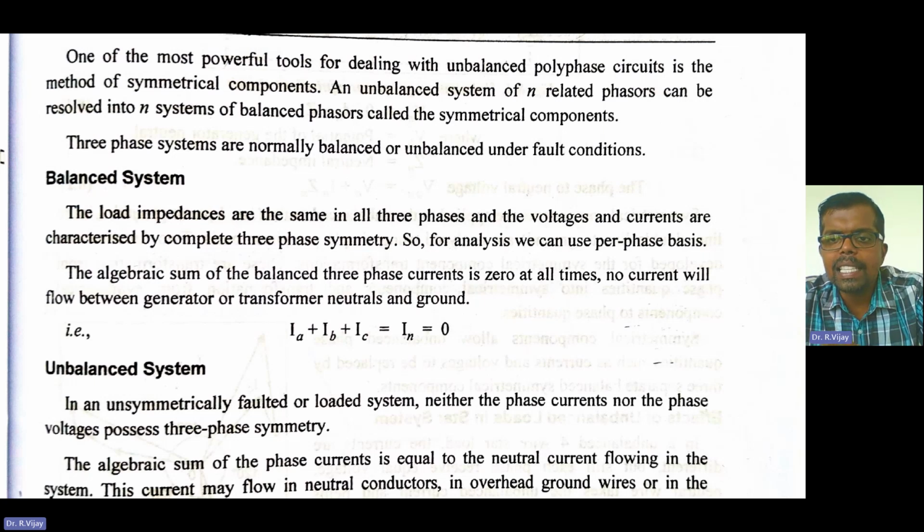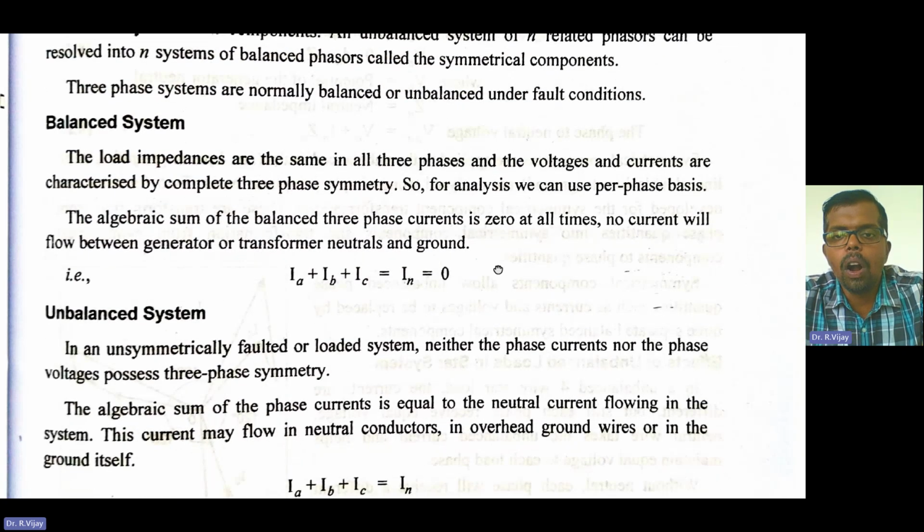So for analysis, we use the per phase basis. Next, the algebraic sum of the balanced three-phase currents is zero at all times. That is, IA plus IB plus IC is equal to IN, where IA, IB and IC are the phase currents in the A, B and C phases, and that is equal to the neutral current, which is equal to zero.